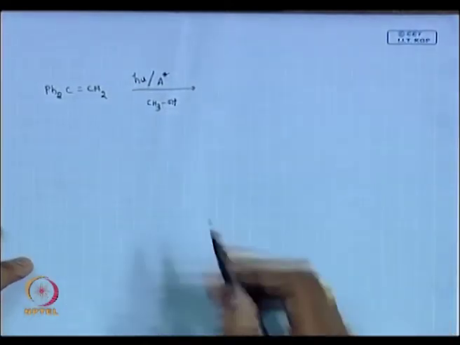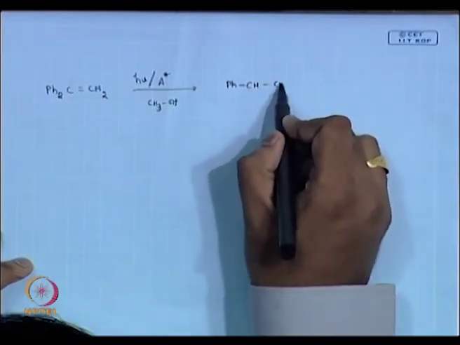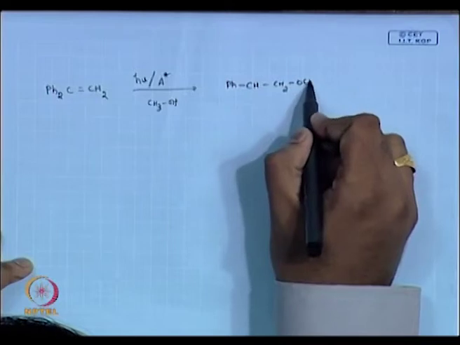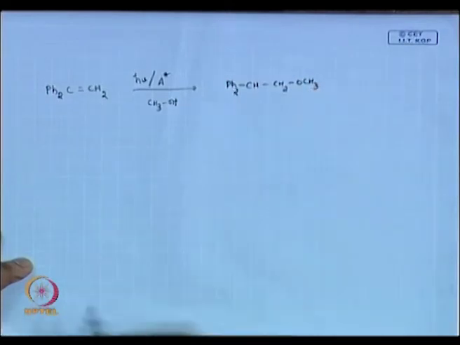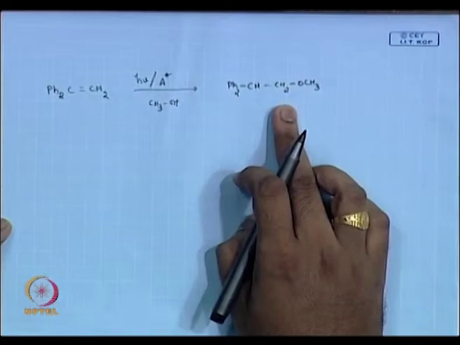Okay, you do this chemistry, I end up with a product which is looking like what? Anti-Markovnikov, right? I get an anti-Markovnikov product.